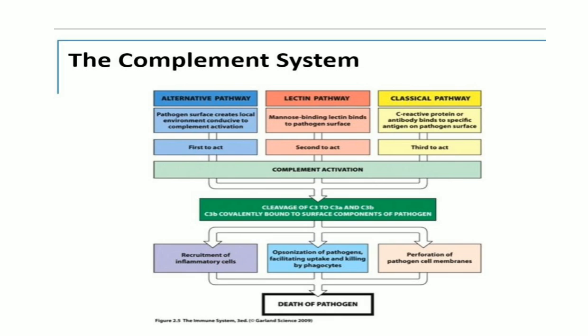Remember, it's not C1, it's deficiency of C1 inhibitor. Now next is 'her sister'. So 'sister', that is SLE, systemic lupus erythematosus, occurs when there is a deficiency of C1, C2, C4.